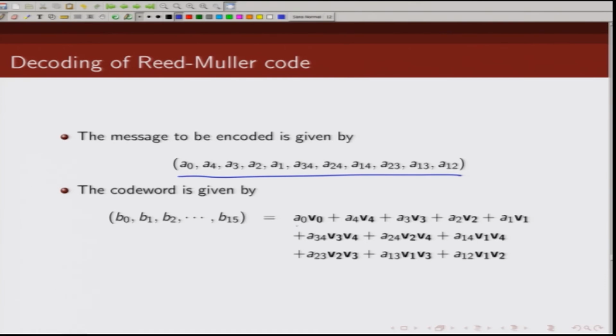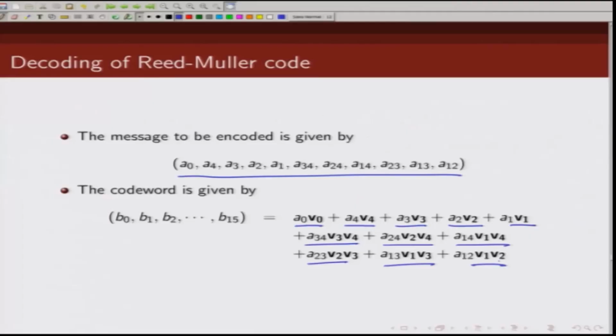So, we write A0 V0 plus A4 V4, A3 V3 and similarly A34 V3 V4, A24 V2 V4. This is a linear combination of these 11 rows of this generator matrix, that is how we will generate our code words. So, this 16-length code word is basically a linear combination of these rows of our generator matrix.